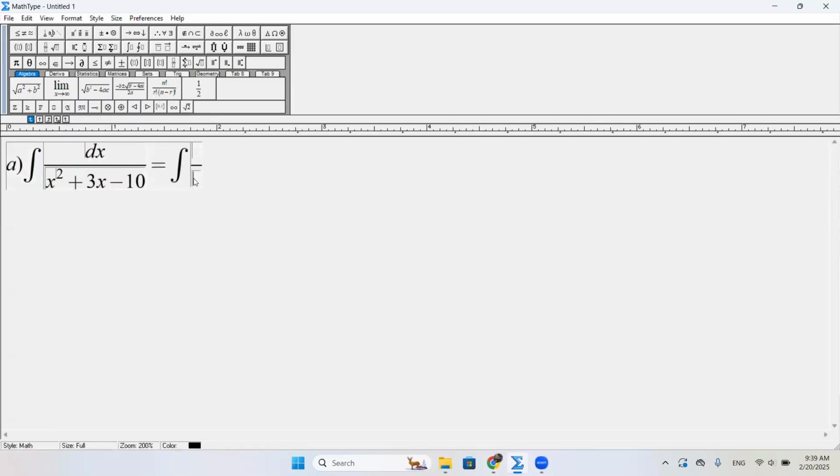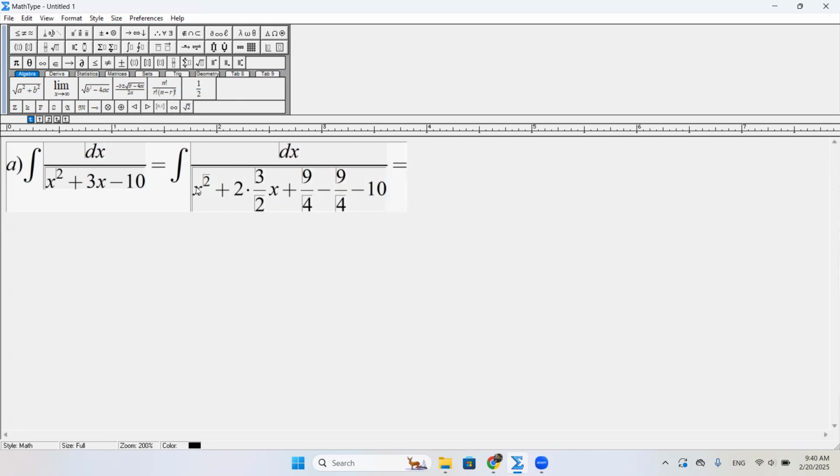So first of all, let's decompose it. 3x is a double product, so plus 2 by 3 over 2 x, plus 9 over 4 and minus 9 over 4, and minus 10. Actually nothing changed, so the equality is not broken.